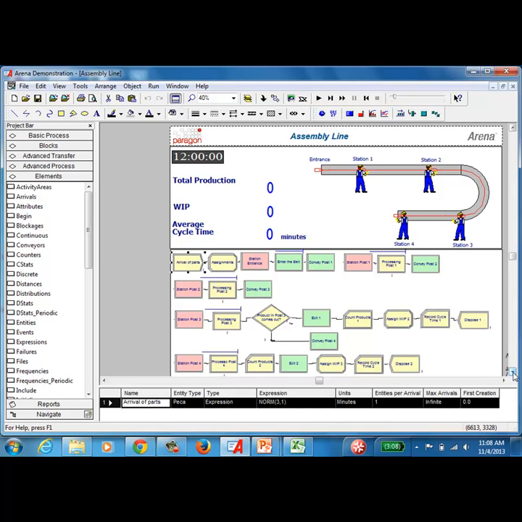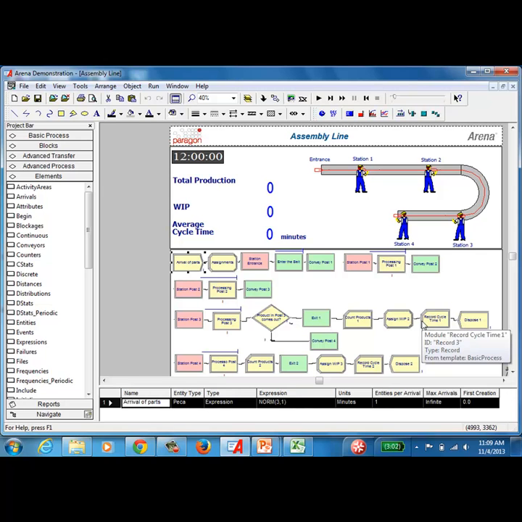So first, let me run this so you can see some of the things that you can notice from this model. Again, it's a very simple model. We have some performance measures like total production time, the working process, and the average cycle time of each part. And we also have a clock here that shows the time of the simulation.